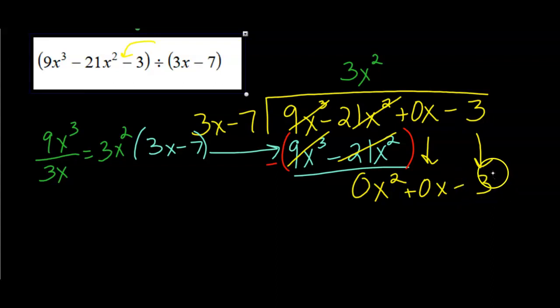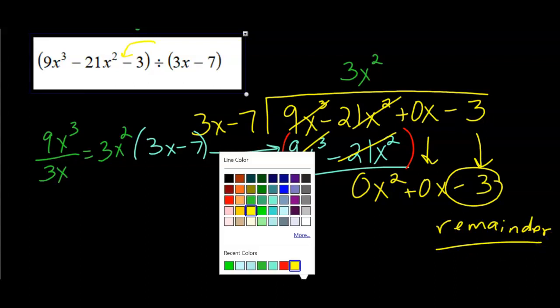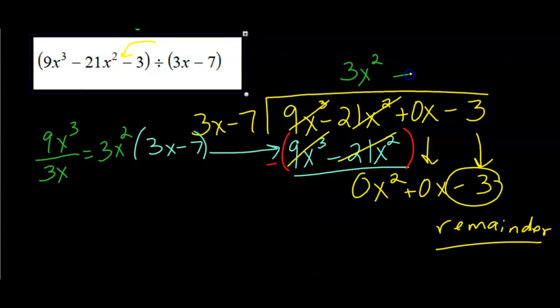So this here is going to be my remainder. It's a negative 3, so then we just say minus 3 over 3x minus 7. So if things cancel out, that's okay. That's actually good because it makes the problem shorter. But if they cancel off, then you just move on to the next term.